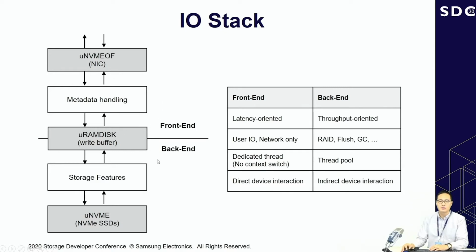Except for these, all other jobs like RAID, flush, and GC are performed in back end. Front end exploits a dedicated thread model and directly interacts with the device to minimize latency and make QoS stable. Compared to front end, back end adopts a thread pool model, interacts with the device indirectly, and offers it to the front end thread.